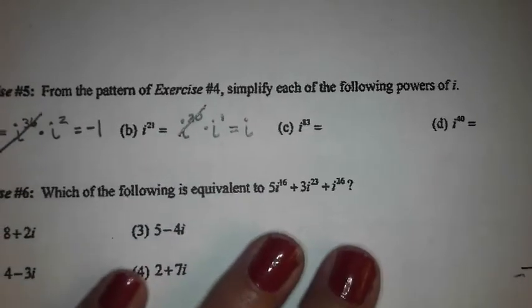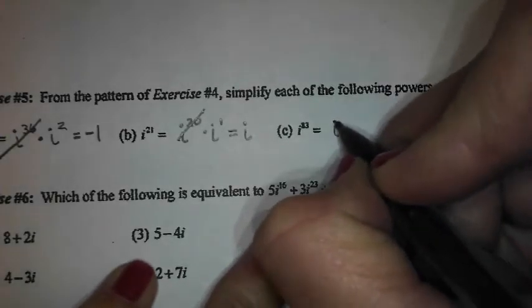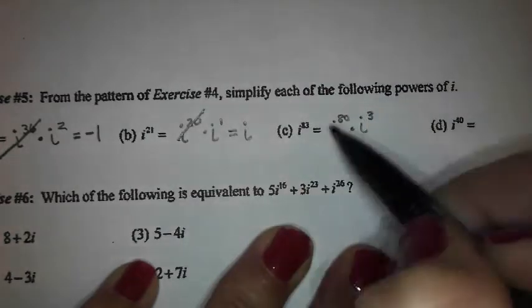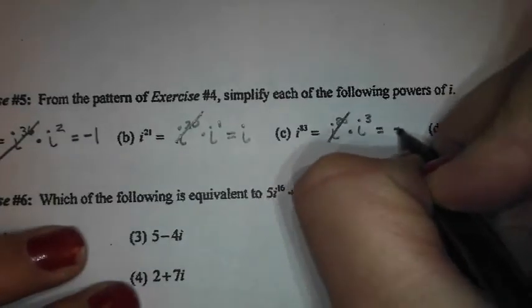What's the first number under 83 that's a multiple of 4? 80. So i to the 80th times i to the 3rd. The 80th is going to cancel. And what do we learn i to the 3rd was the same as? Negative i is your final answer.